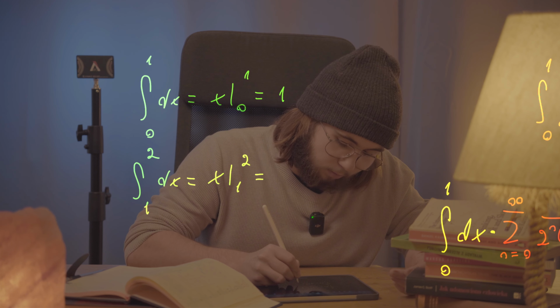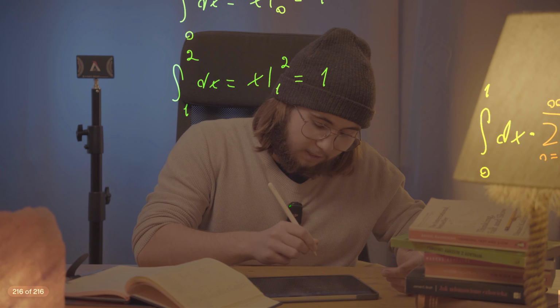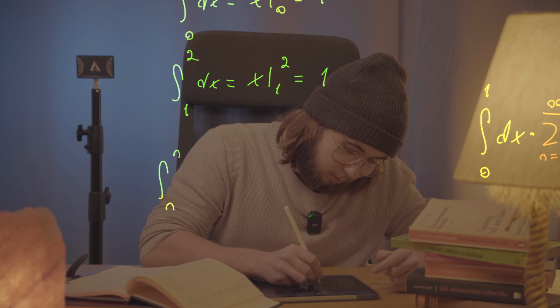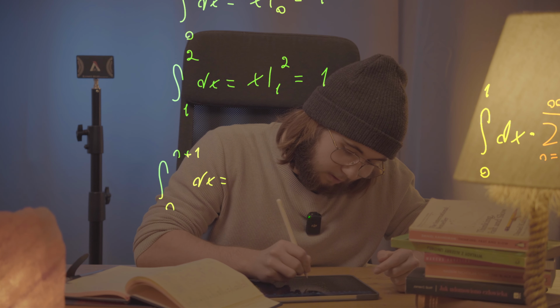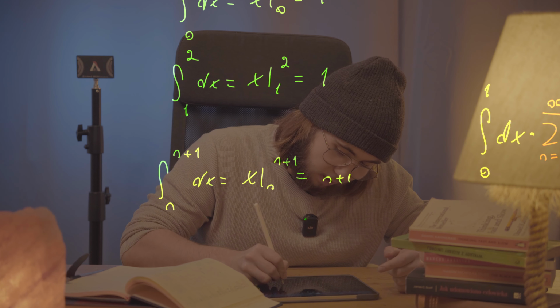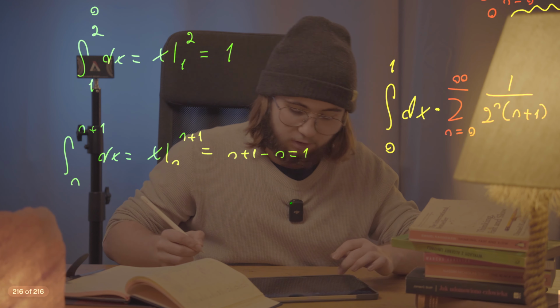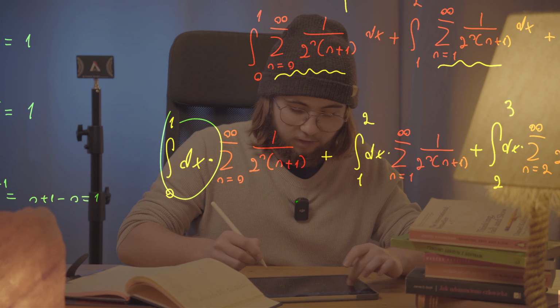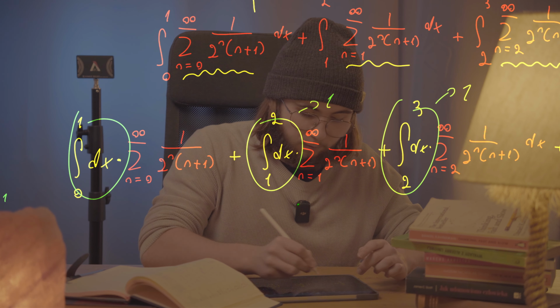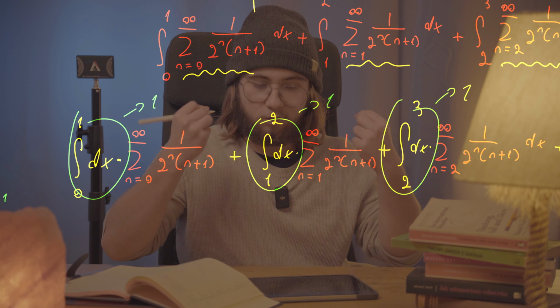That's just 2 minus 1, which is 1 as well. And pretty much any time I'm integrating dx between n and n plus 1, I'm getting x between n and n plus 1, which is n plus 1 minus n, which is equal to 1. So each and every one of those integrals is going to evaluate to 1. That's going to be 1, that's going to be 1, and that's going to be a 1 as well.